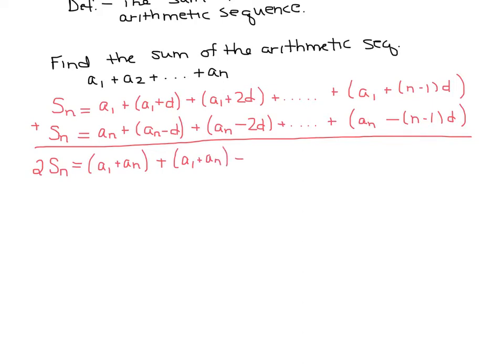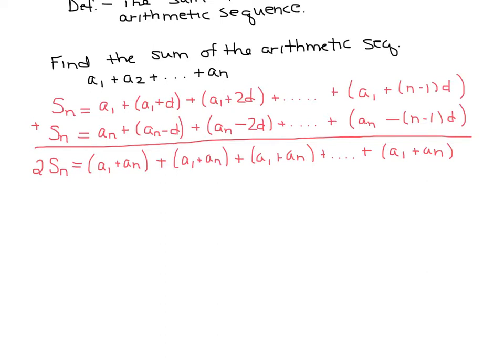Continuing this pattern, a sub 1 plus 2d plus a sub n minus 2d gives us an a sub 1 plus a sub n. And that's going to continue all the way down to the end, which leaves me with another a sub 1 plus a sub n. How many of those a sub 1 plus a sub n's do we have? n.